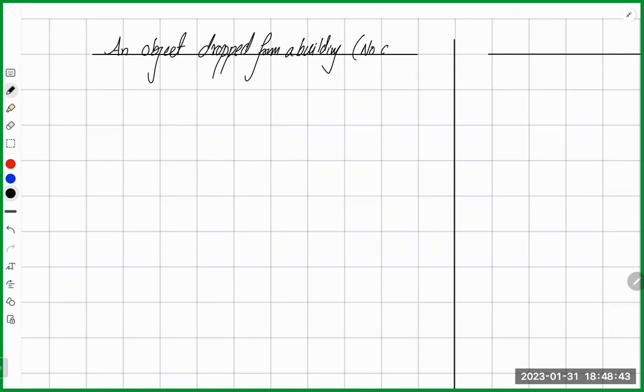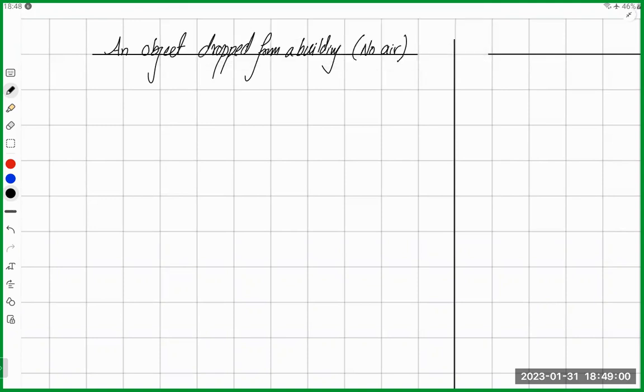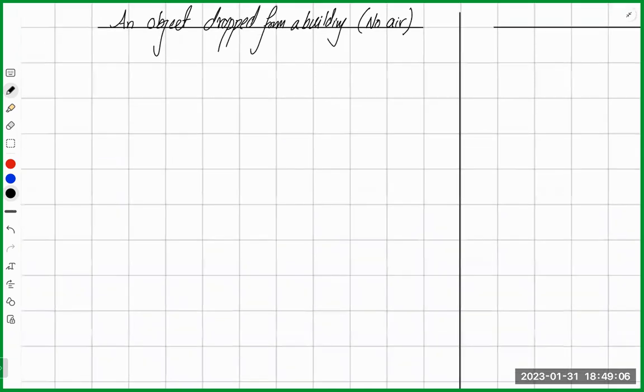No air resistance. Just for simplicity, because we first understand something and we gradually introduce more and more variables. So for the beginning, we will be considering there is no air resistance over here.